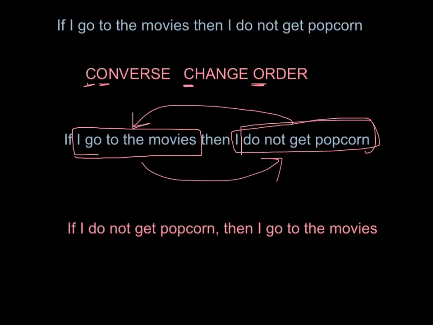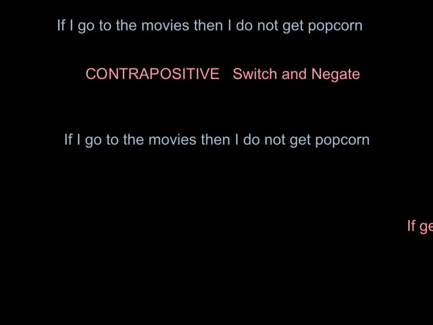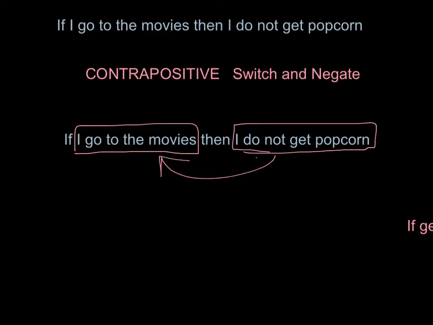The next one is kind of interesting, and it looks like this. In the next one, we are doing what's called the contrapositive, and we have to apply both rules here. So the part where it says, if I go to the movies, I do not get popcorn, we are switching those. That's kind of like the converse, and we are also adding the nots, or taking the nots away.